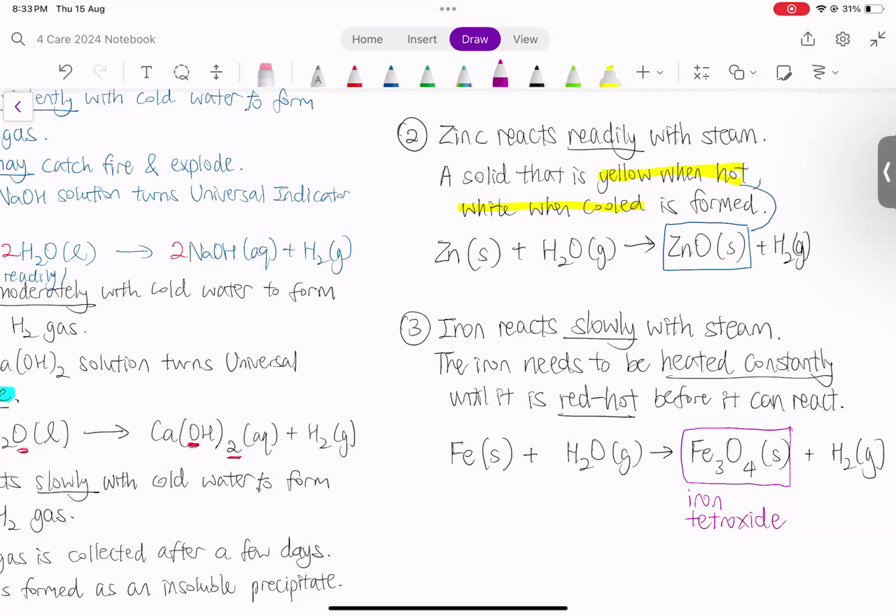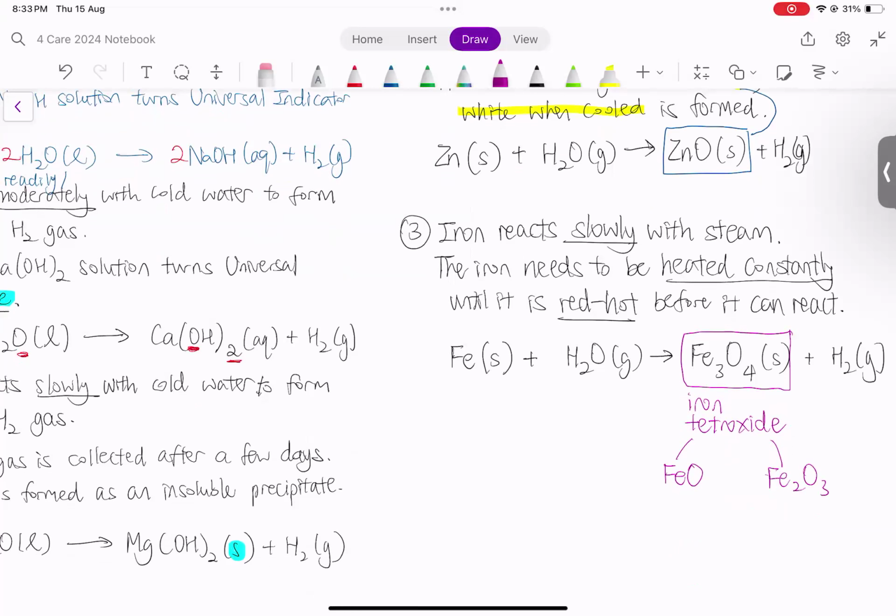So iron doesn't just form iron 2 oxide. It forms iron tetroxide. Actually, if you look at the formula Fe3O4, it's actually made up of FeO and Fe2O3, right? It's actually made up of both FeO and Fe2O3.